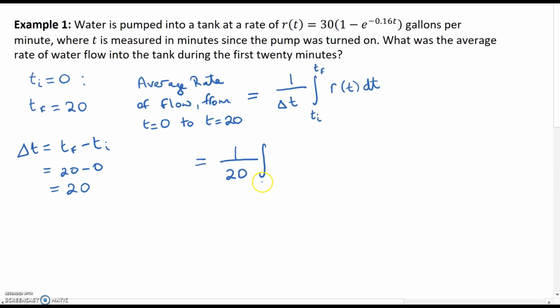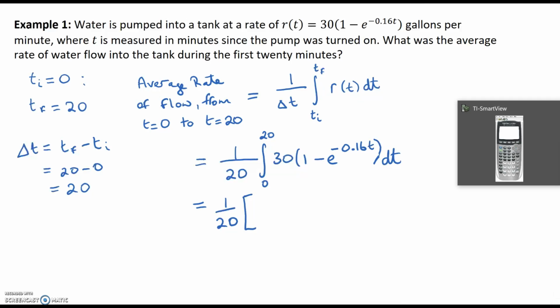So it's 1 over 20 times the integral from 0 to 20 of R of t, which was 30 times (1 minus e to the negative 0.16 t) dt. Now, we could integrate this using u substitution, but we're not going to. We're going to use a calculator to integrate this a little bit more quickly.